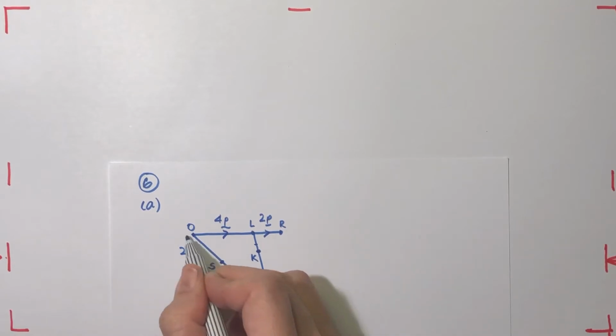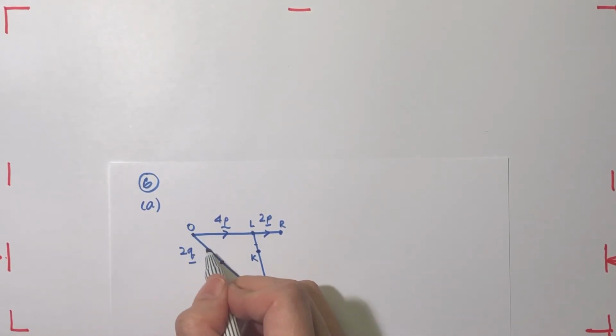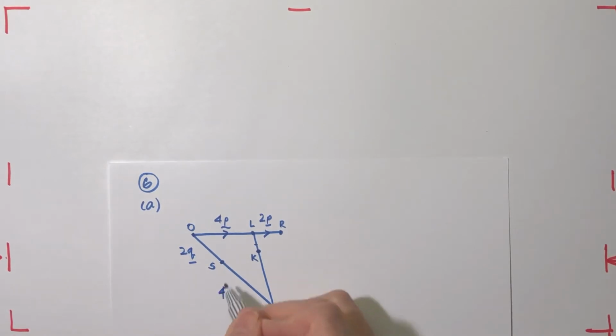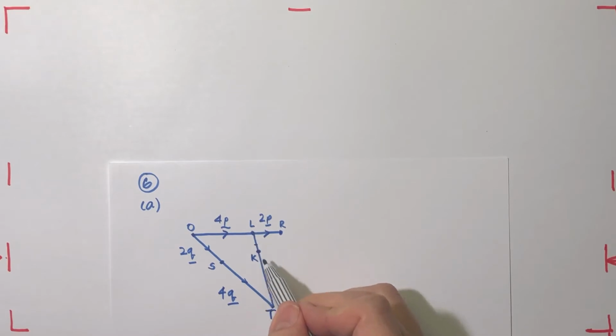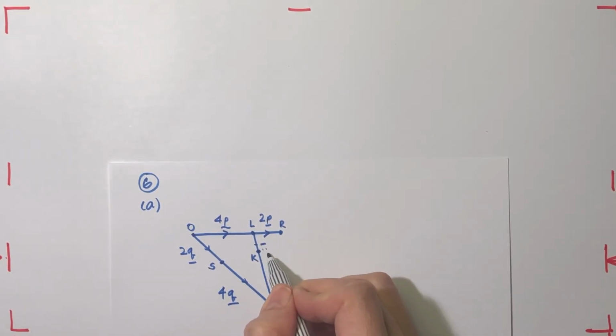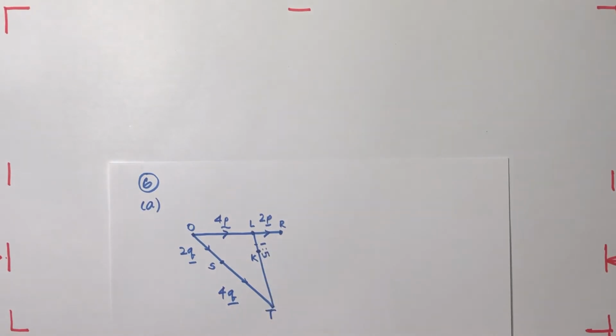OS is 2Q, because that's 300 meters and Q is 150 meters, and ST is 4Q, because ST is 600 meters. We're also given that LK to KT is 1 to 5.